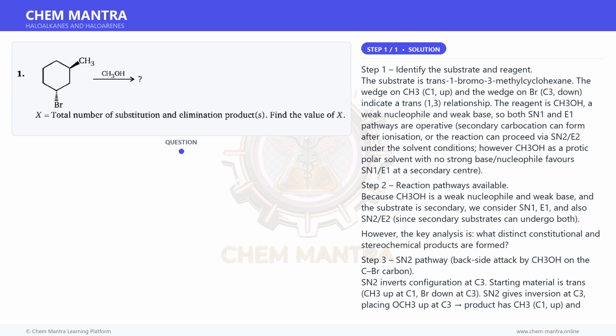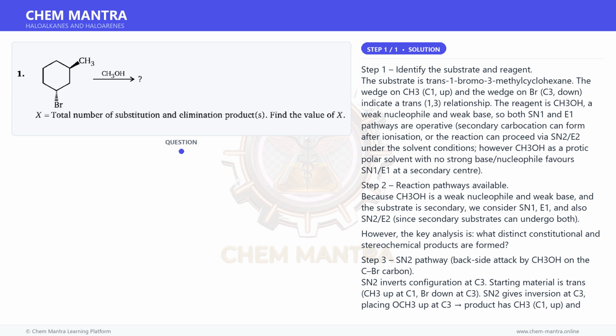Step 4. SN1 pathway, carbocation at C3, then attack by CH3OH from both faces. Ionization gives a planar carbocation at C3. CH3OH can attack from either face.